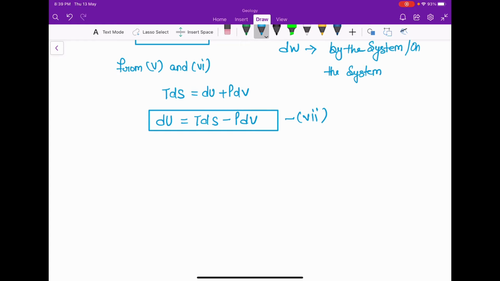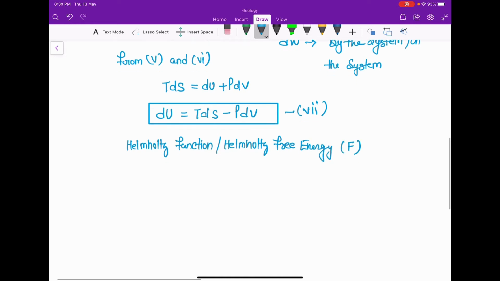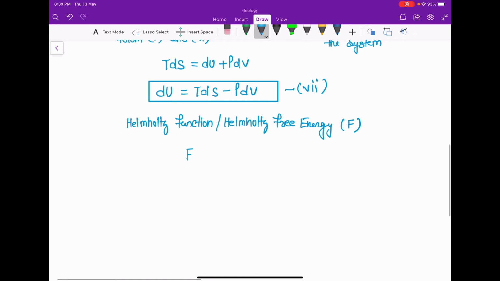Now another physical quantity, that is the Helmholtz function, or you can say Helmholtz free energy, which is given by F equals U, that is internal energy, minus TS.